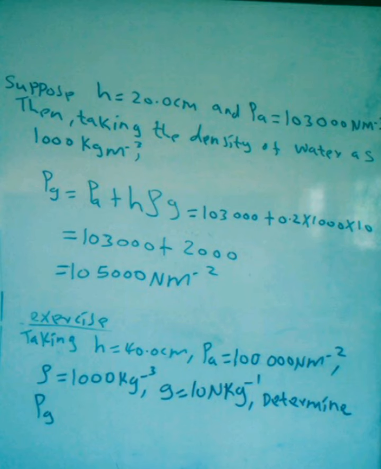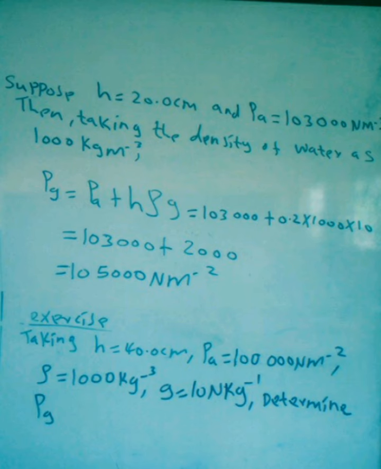Suppose we have determined the height as 20.0 centimeters and the pressure of the atmosphere at that particular place is 103,000 Newton per square meter. Then the density of water, taking it as 1000 kilograms per cubic meter, the pressure of the gas is equal to atmospheric pressure plus the pressure due to the liquid column, which is given by height times density times g.